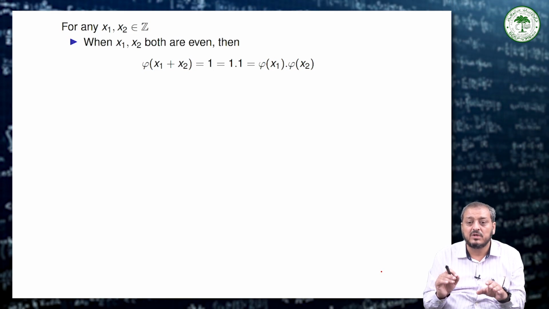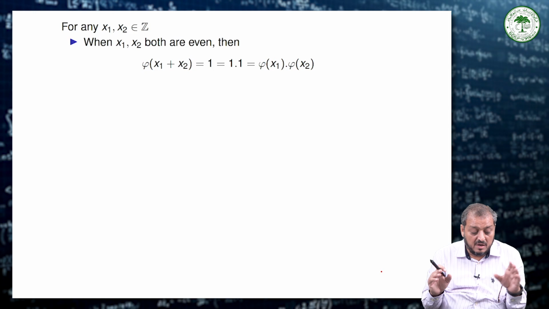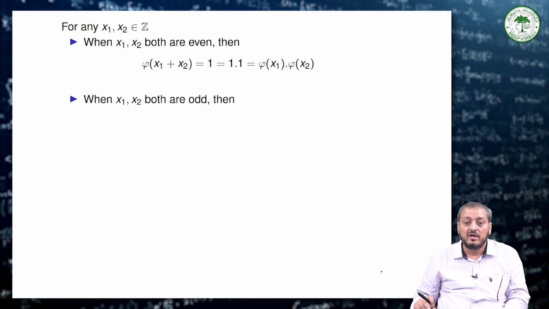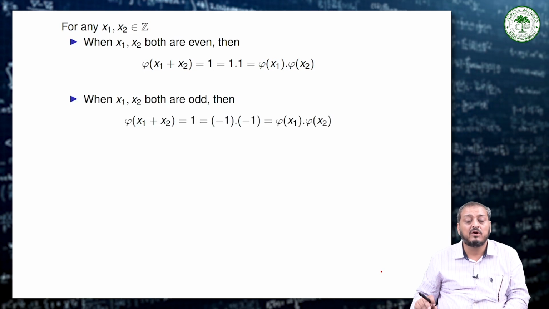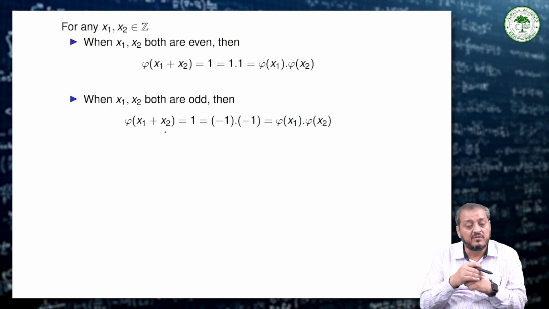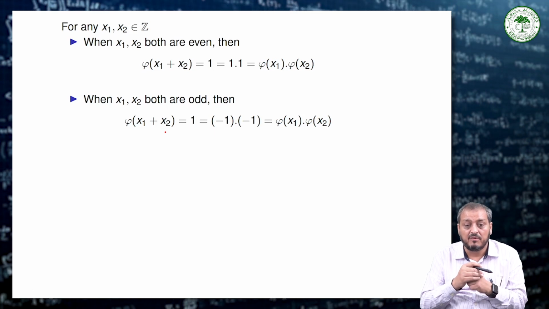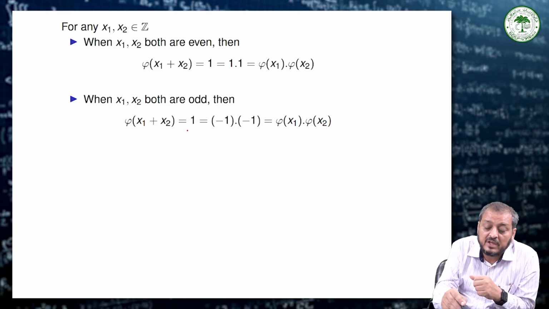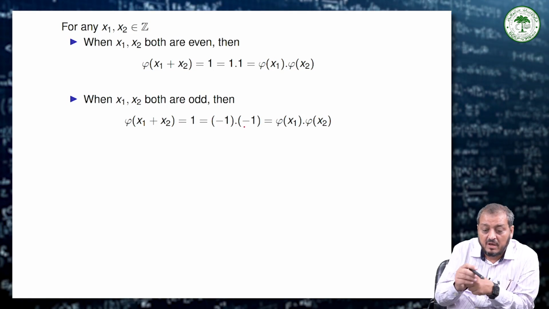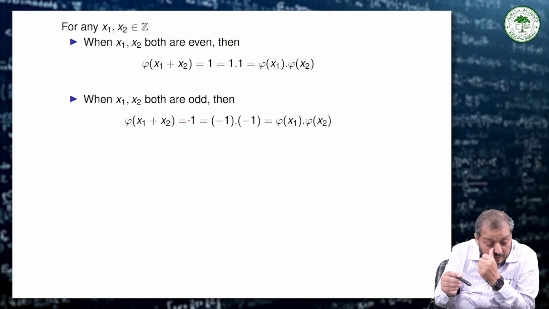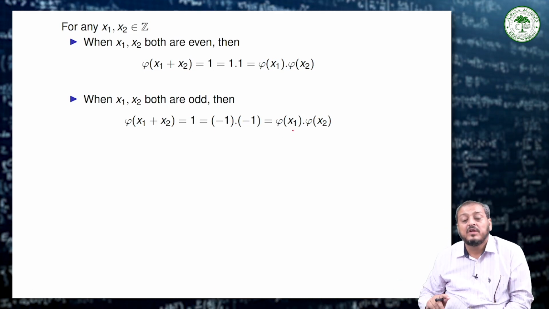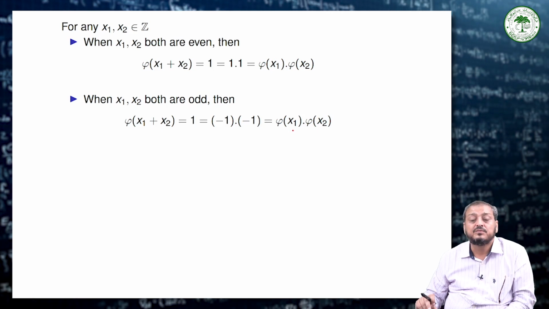Now suppose both are odd. Then odd plus odd is even, giving 1, which can be written as -1 into -1, since -1 is its own inverse. This is equal to phi of x1 into phi of x2.